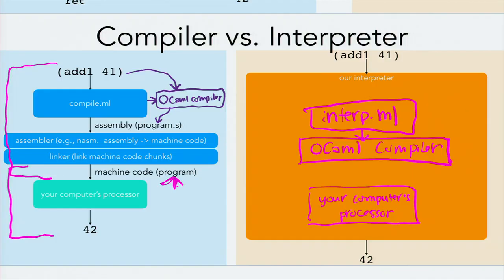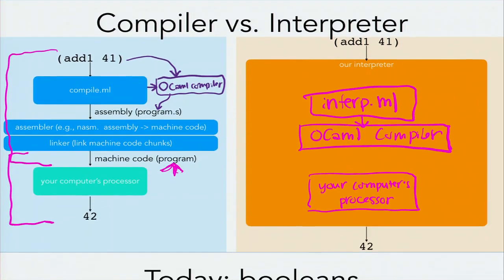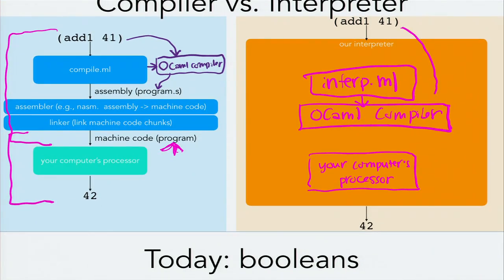So when we get in interp.ml as one of our inputs, and we also get the input that's taken into the program itself, we can turn that into the ones and zeros, some machine code, that we then get to run on the computer's processor. And that's totally fine.